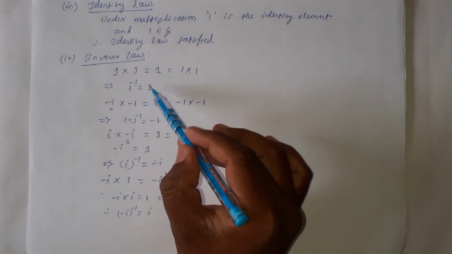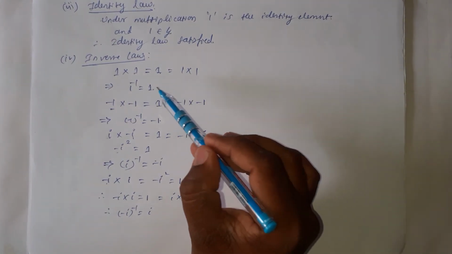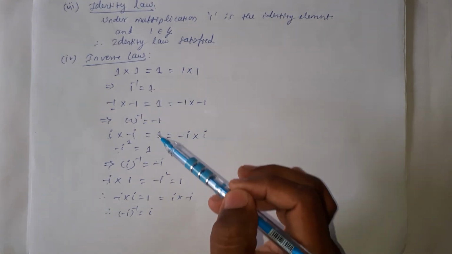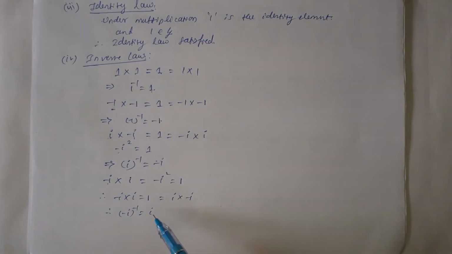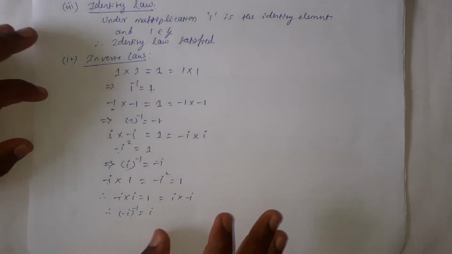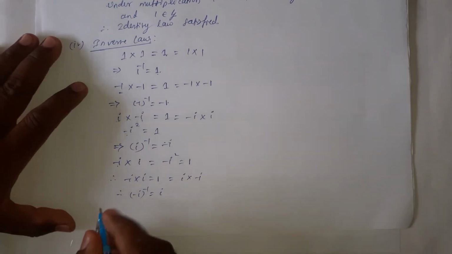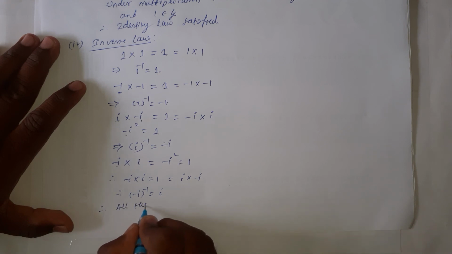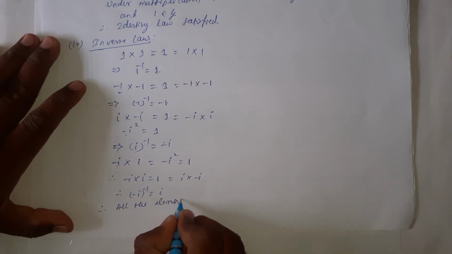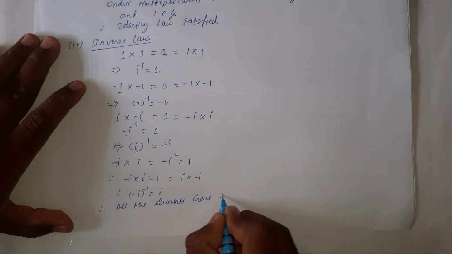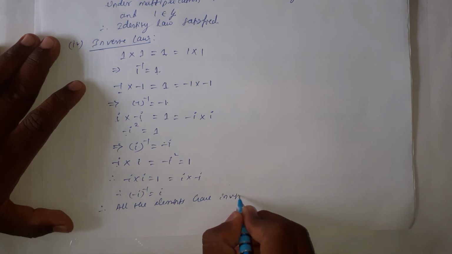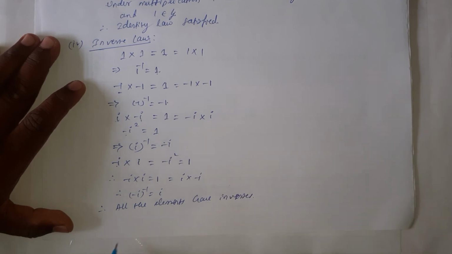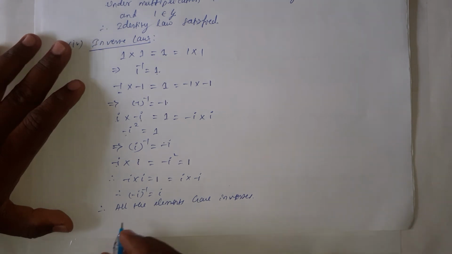So all the inverse elements, 1, minus 1, minus i and plus i, belong to the given set G. Therefore the inverse law is satisfied for the set G. All the elements have inverses.